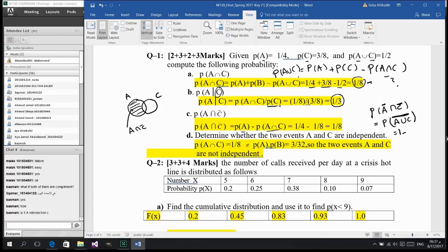This is nothing but 1 minus the probability of A union C, and I have the probability of A union C, so I can find that one.